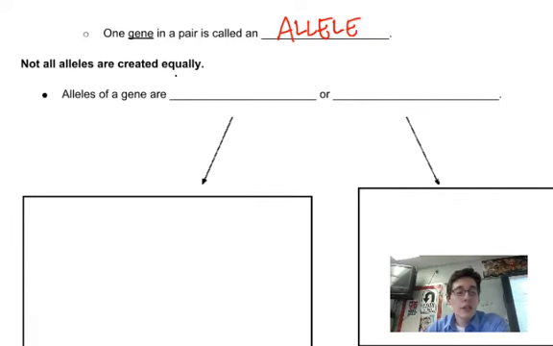And not all alleles are created equally, so not all pairs of genes are created equally. The alleles of a gene, sorry, I missed the underlining there, are either dominant or they are recessive.